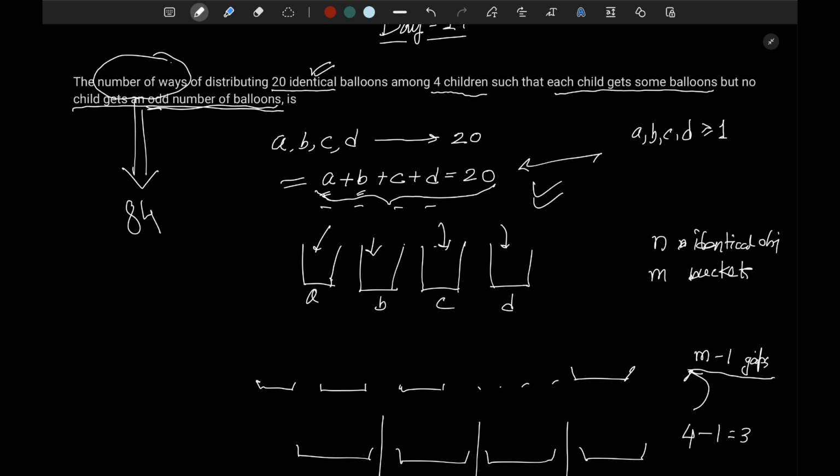So guys, this was a very good and common question. You might encounter similar questions in your mocks, or it might even come in your actual exams. The important thing in this problem was to know why those particular formulas, n plus m minus 1 C m minus 1 and n minus 1 C m minus 1, work, and how we arrive at them.